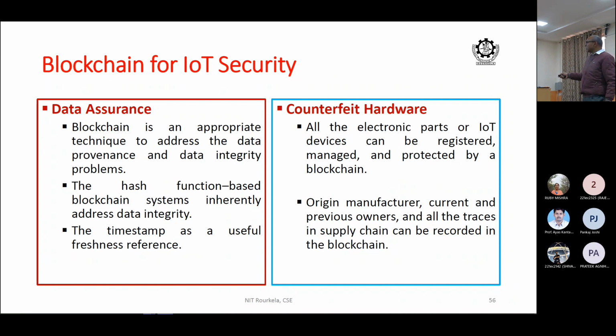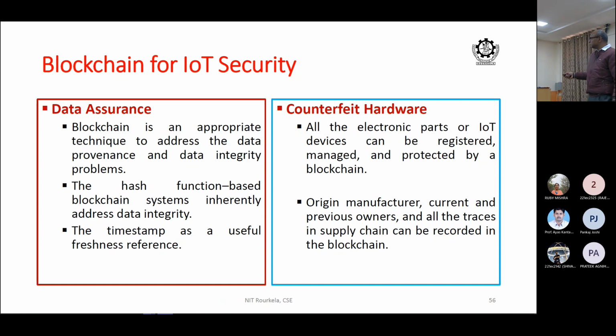So you can have the origin of manufacture. If a device moves from the manufacturer to a retailer, the entire tracking information can be recorded in the blockchain. So from the customer point of view, he can trace the actual manufacturer of the device. So counterfeits can be tracked.